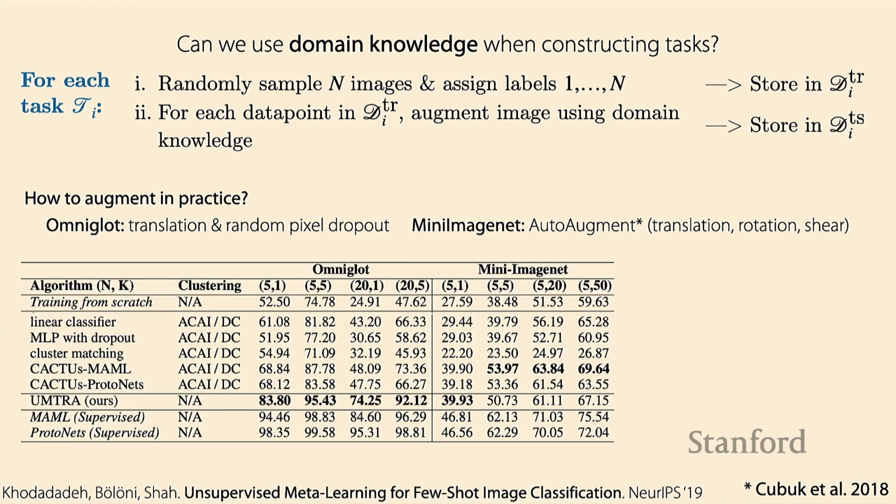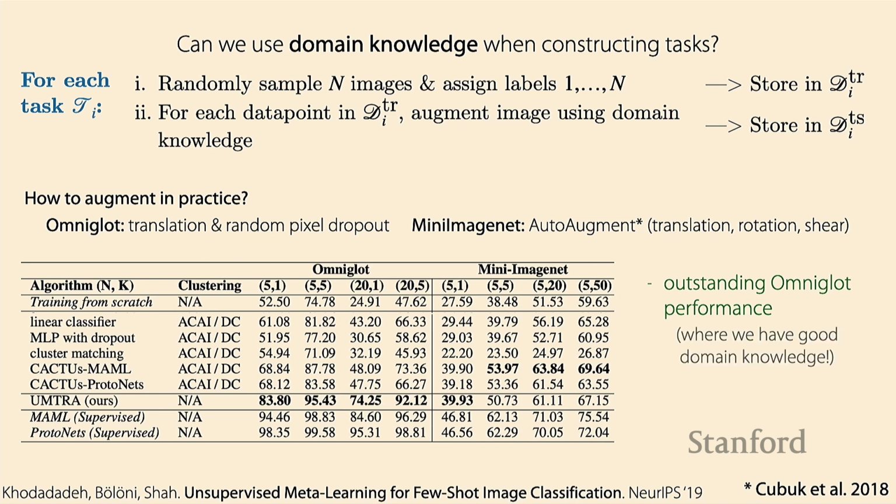And if you use this approach for task construction, it gets really strong Omniglot performance. In particular, the performance is in the 80s to 90s on Omniglot in many cases. And in the 5-shot setting, this actually gets pretty close to a fully supervised baseline on Omniglot. And this makes sense because we know a lot about the structure of Omniglot images.